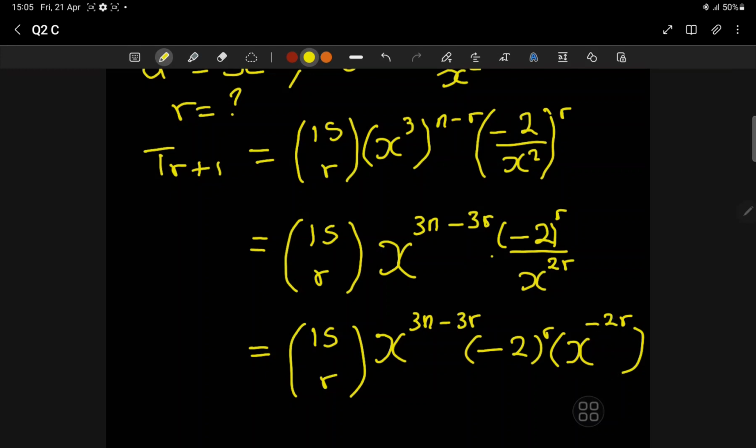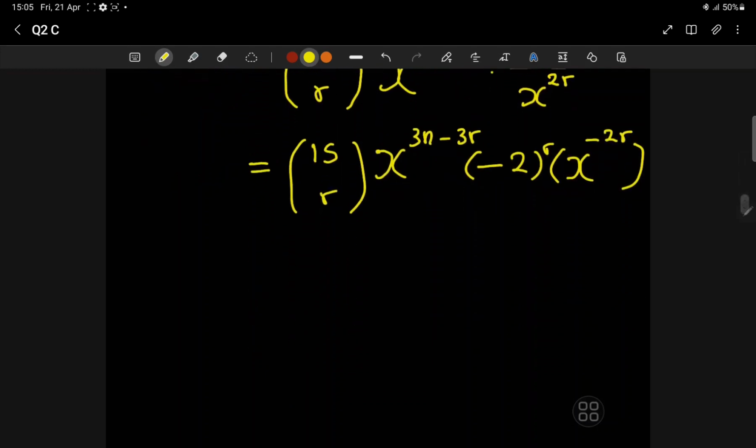So this x can multiply with this, and since they have the same base, we'll add the exponents. So we'll have 15 combination r, then we'll have x^(3n-3r). We'll add with this exponent, so it will just be -2r.